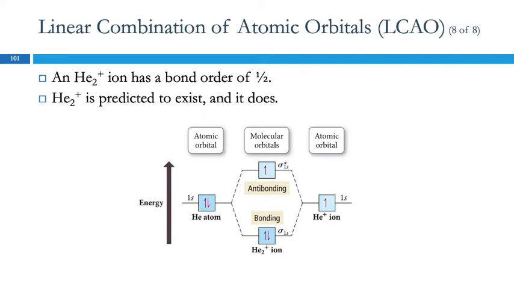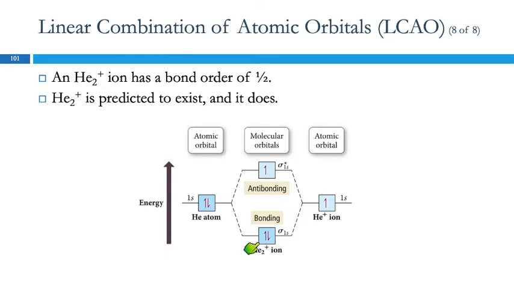We can also look at some really kind of weird ions. So an He2+ ion. What would that be? Well, it's 2 helium atoms, right? And it's missing an electron. So that means that one of them must be a positive 1 ion. The molecular orbitals are going to be the same. It's just that we have a different number of electrons.